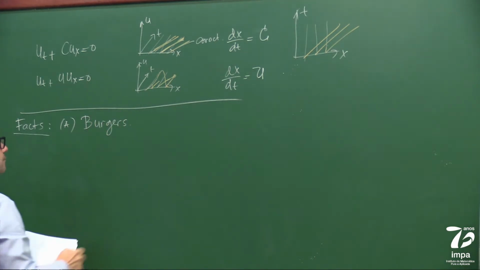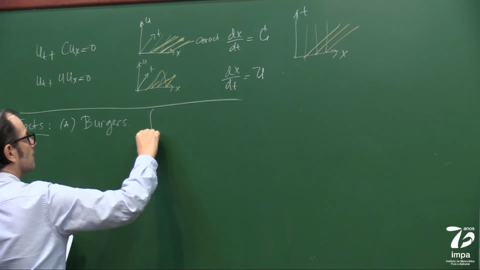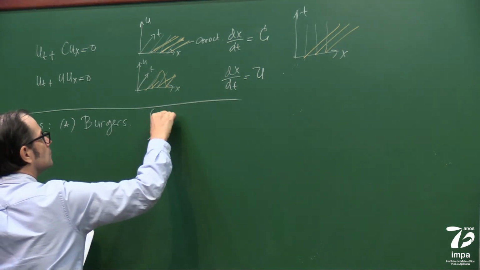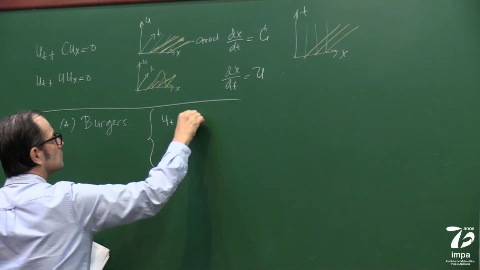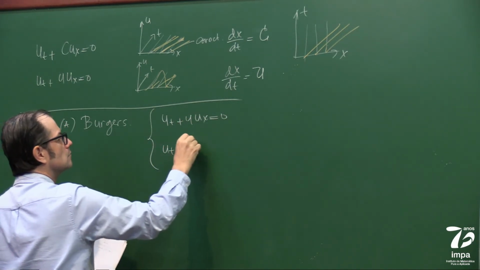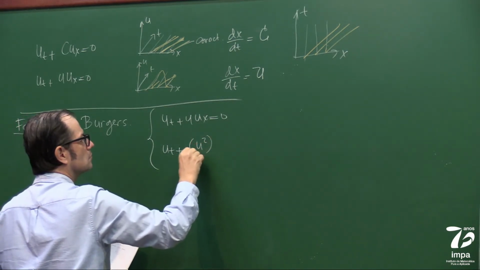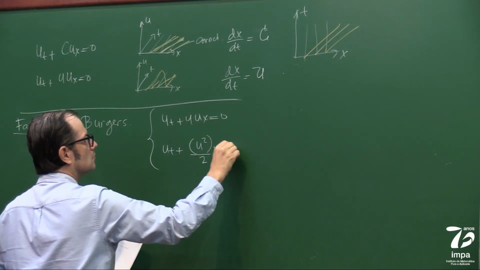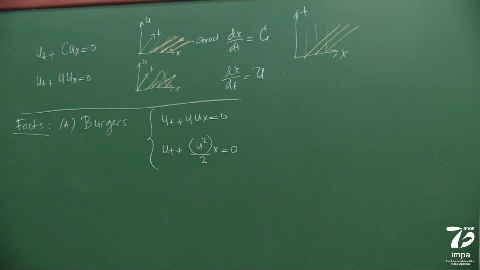So Burgers, we can write it in 2 ways. Okay, so this is called the conservative form.